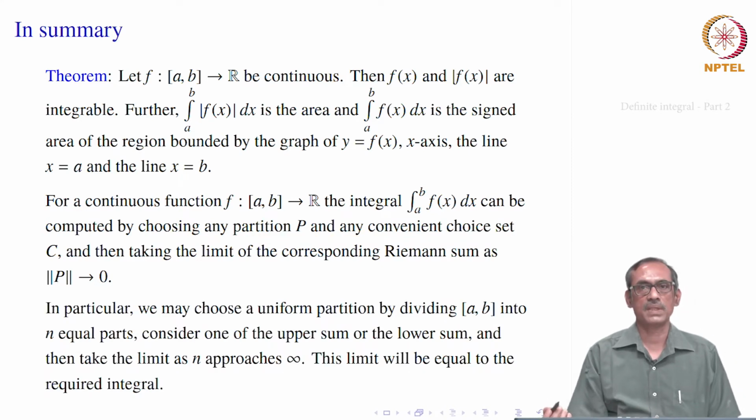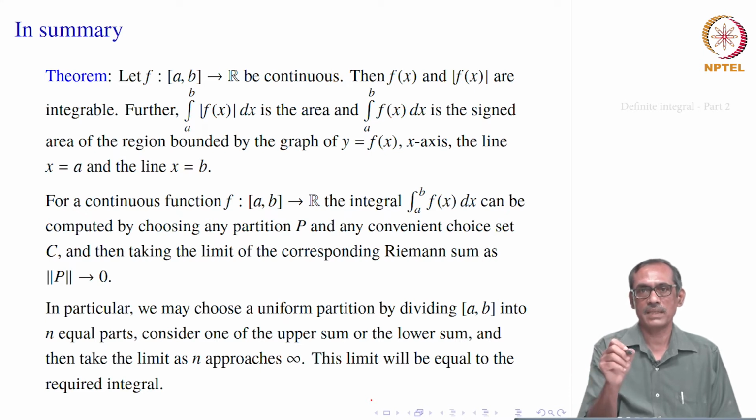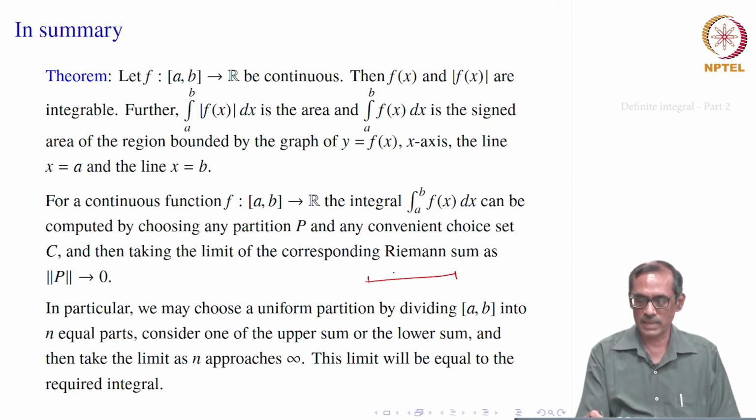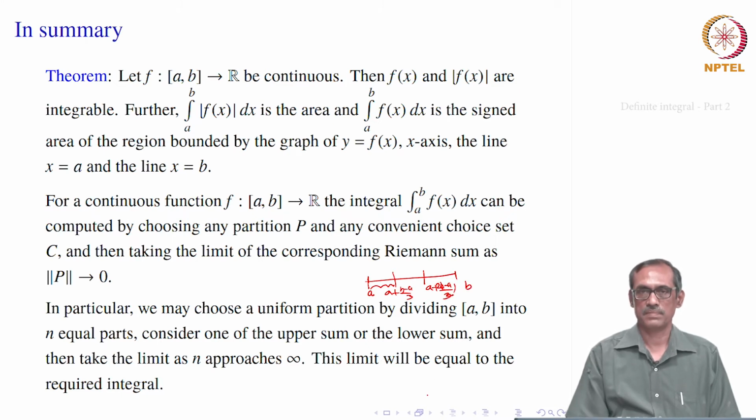So, as a particular case, you can choose your partition to be a uniform partition. That is, you can divide [a, b] into n parts, each part having length (b minus a) divided by n. Suppose you want to divide it into 3 parts. So, each length is (b minus a) by 3. So, the points will be a, then a plus (b minus a) by 3, a plus 2 times (b minus a) by 3, and this is b of course.